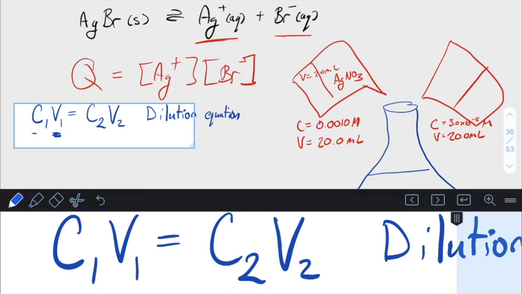So assuming you start with some amount of some solution and you increase the volume to a second value, then you can rearrange this equation to figure out what the new concentration is. You can also use it to figure out how much you have to increase the volume by in order to determine a concentration.